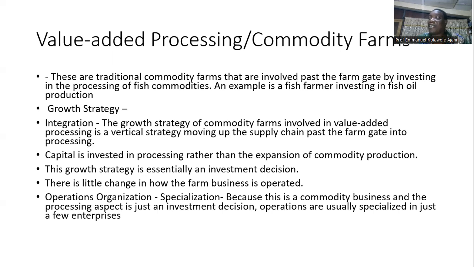Just like I'm leaving the fish now, a cassava farmer farming cassava, instead of selling the cassava into commodity market, is using that cassava to produce garri, lafun, and all sorts of things like that. So it is a form of integration, and it's a vertical strategy.